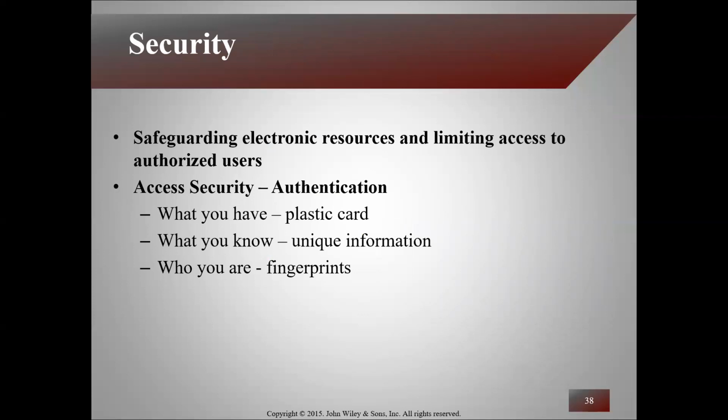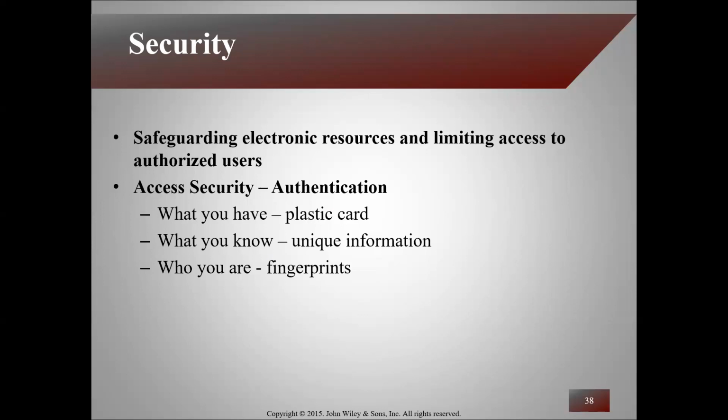Security policies and procedures safeguard an organization's electronic resources and limit their access to authorized users. For this reason, information security has been a high-ranking technology in each of the 5 years of the AICPA survey. Of special importance to the accounting information system is access security, for example, restricting access to bona fide users.